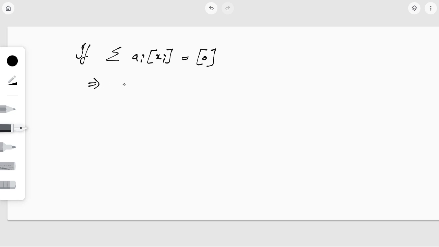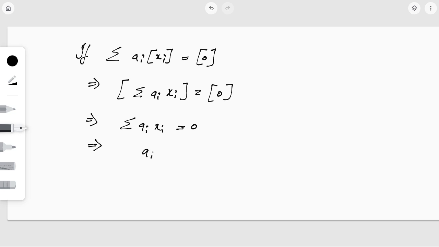By definition, coset summation ai xi will be equal to 0, and from this we can conclude that summation ai xi equals 0. Since x1, x2, etc., xn are linearly independent, we can conclude that ai is equal to 0 for every i.